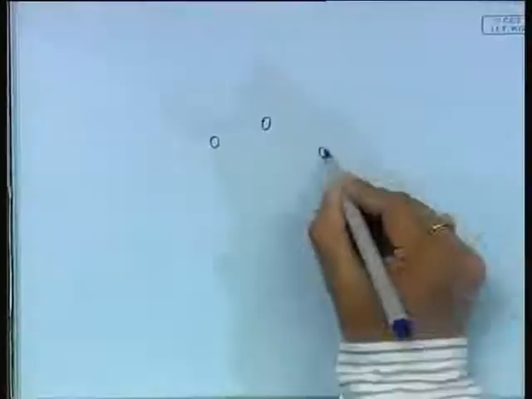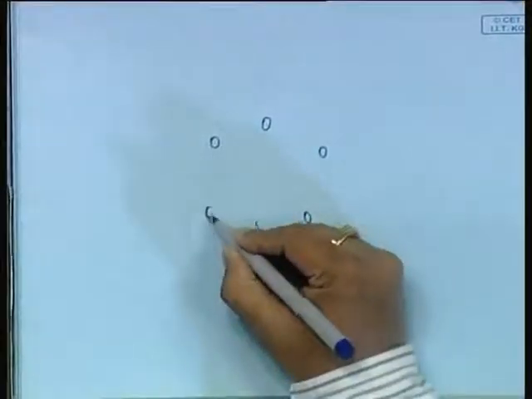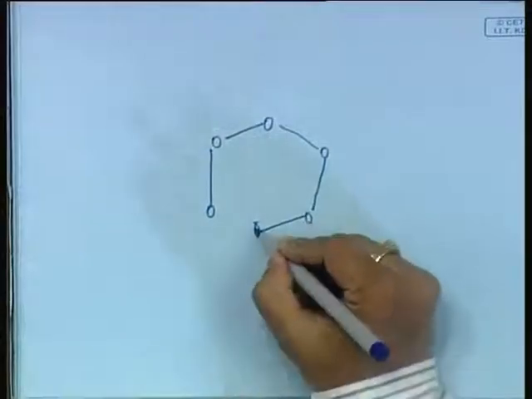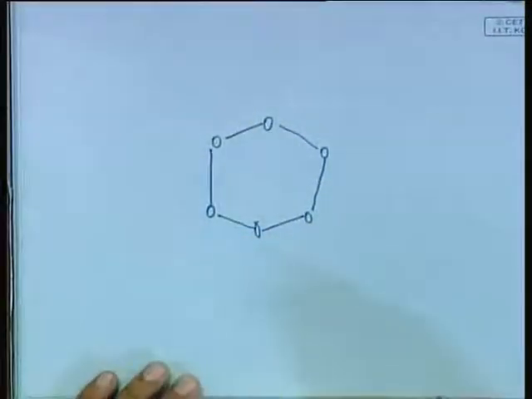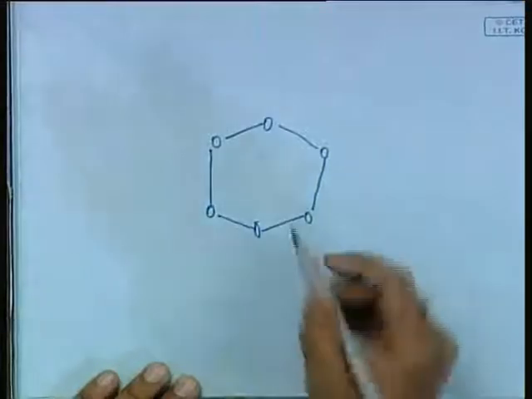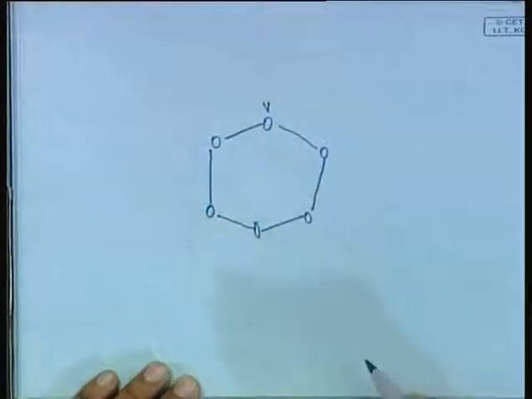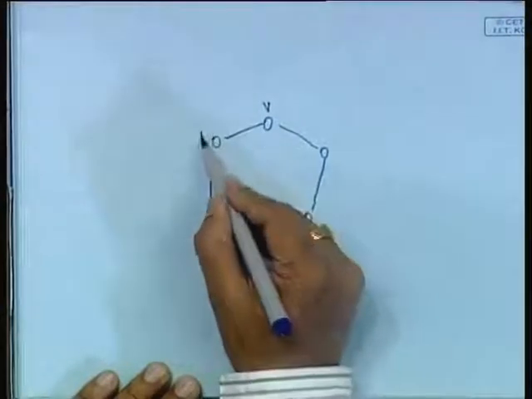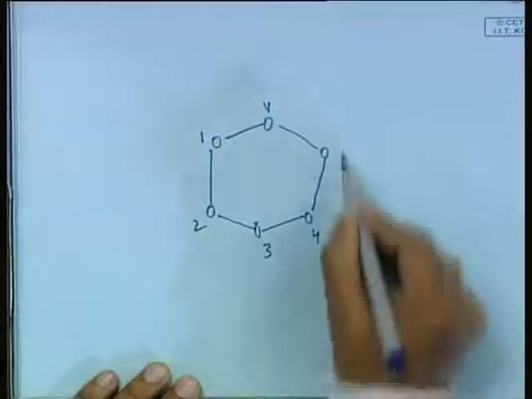Now in the ring network, let us see. So this is a ring network. Suppose I want to measure the betweenness centrality of this node V. This is 1, 2, 3, 4, 5.